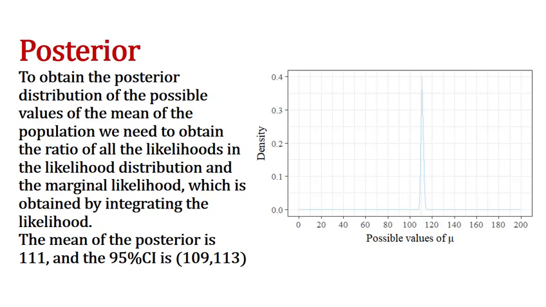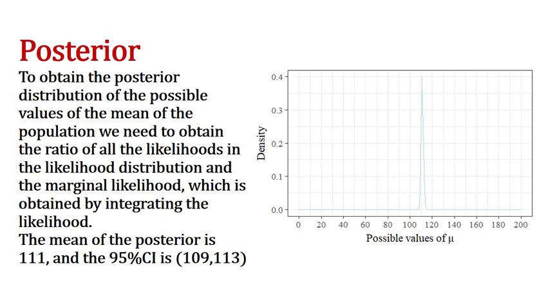Now, what we need to do is to divide all the values of the likelihood that we obtain, weighted by the prior, but in this case it's 1, so it will be the same, and then obtain the marginal likelihood of the data.